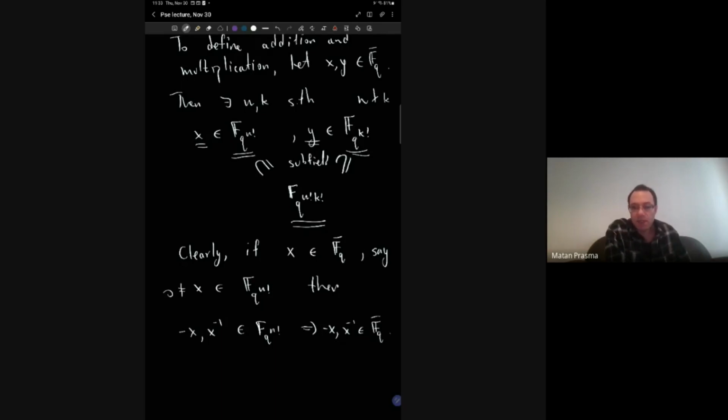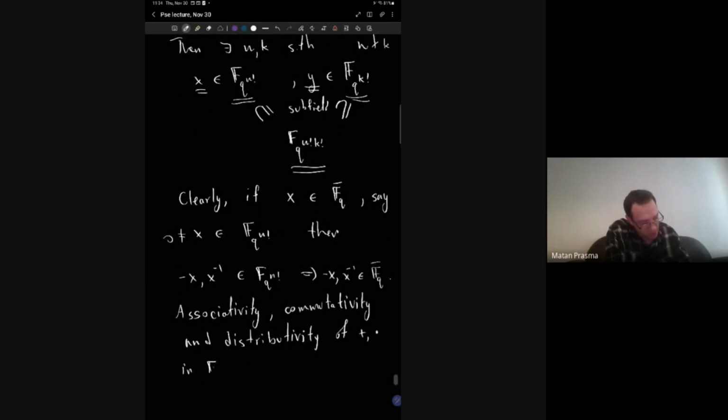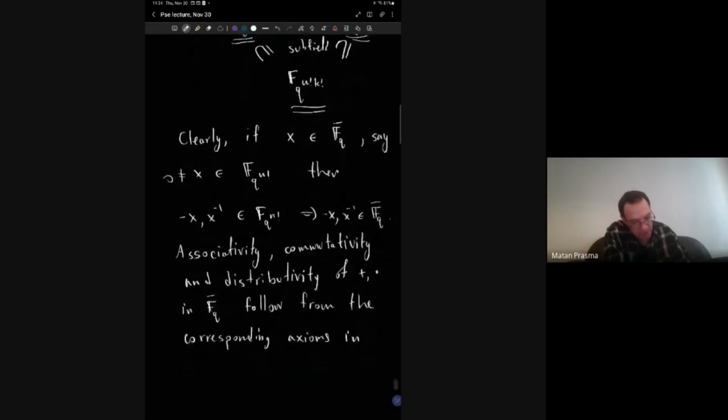Okay, so now all the axioms, associativity, commutativity, and distributivity, of the plus and multiplication in F_q bar follow from the corresponding axioms in each of the finite pieces.